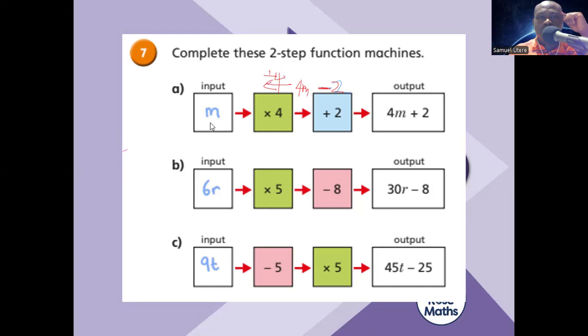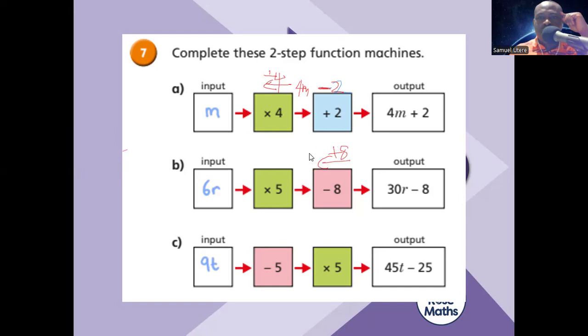Here, 30r minus 8, the inverse of subtracting 8 going this way is to add 8 going this way. When we add 8, remember, negative 8 add 8 will cancel the negative 8 out.